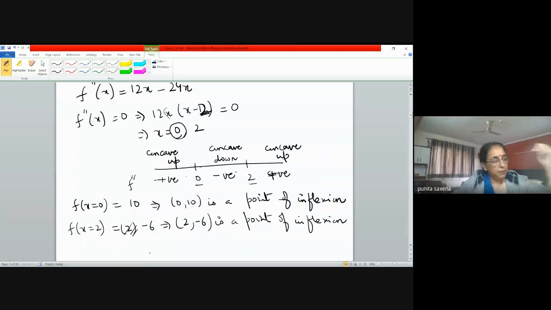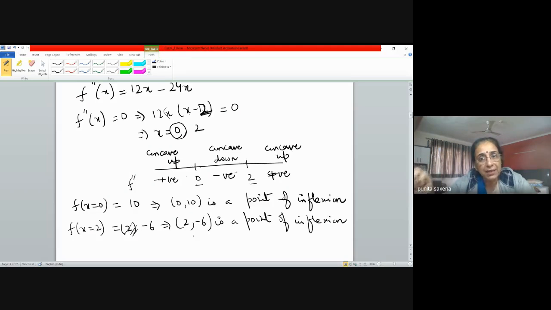ठीक है, तो अब ये हमारा ग्राफ कैसा आया, जिसके पास एक मिनिमा है और 2 पॉइंट्स ऑफ इन्फ्लेक्शन है. तो हमारे पास 3 स्पेशल पॉइंट्स आ गए ना. ठीक है, अब ये तीनों स्पेशल पॉइंट्स ऐसे हैं कि इनके आसपास जब हम अपना ग्राफ स्केच करेंगे और फ्री हैंड से करेंगे, हमें कोई ऐसा नहीं है कि हमें बिल्कुल वो चाहिए कि किस पॉइंट पे क्या वैल्यू आ रही है. बस हाँ, जो हमारे स्पेशल पॉइंट्स हैं, like the points where maxima minima may exist or the points that are points of inflection.